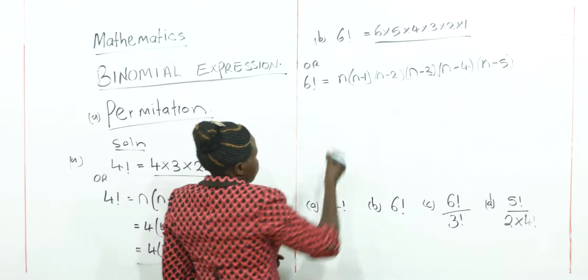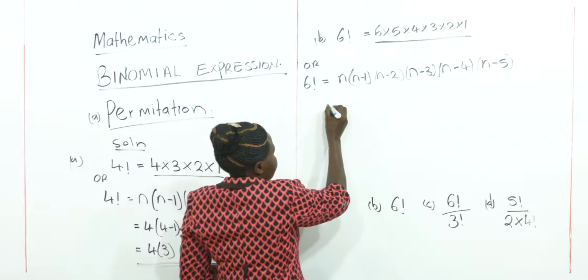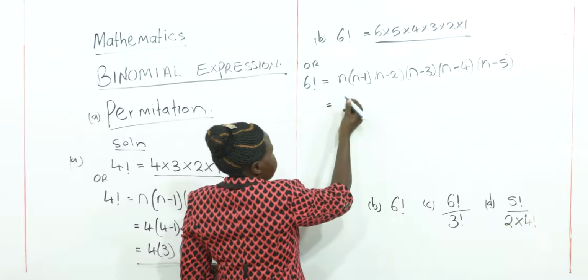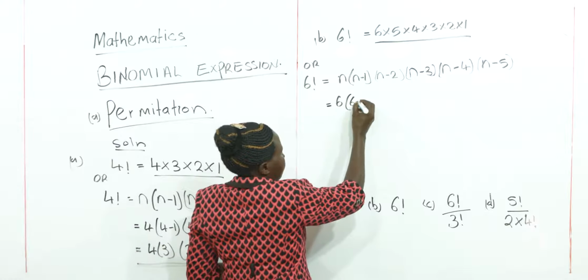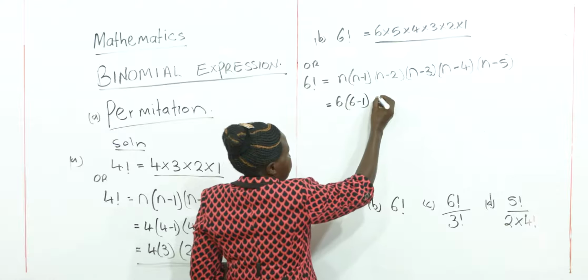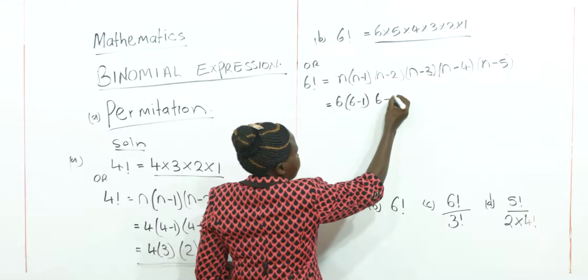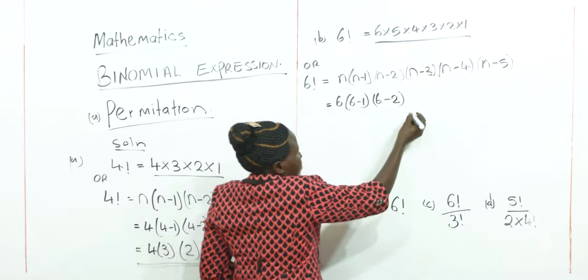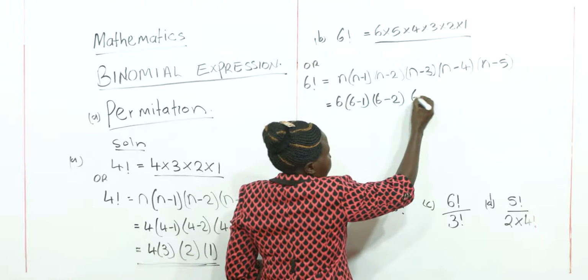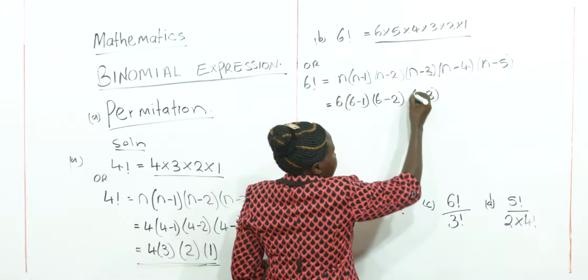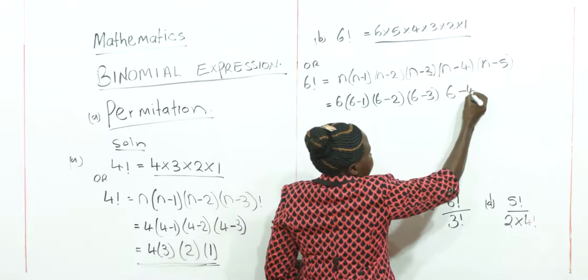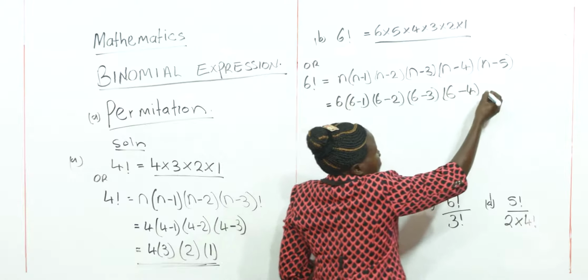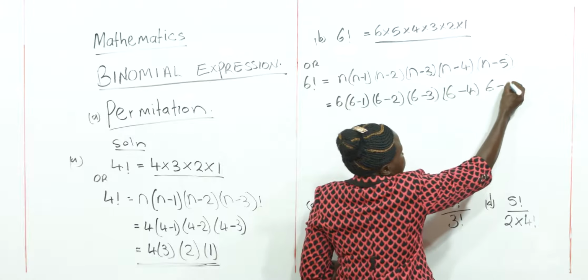And then you come and substitute. So where there is n is 6. So you say 6 into 6 minus 1, and then 6 minus 2, times 6 minus 3, times 6 minus 4, times 6 minus 5.